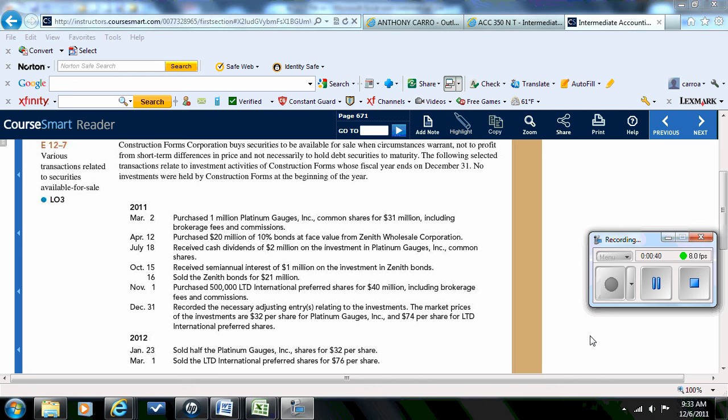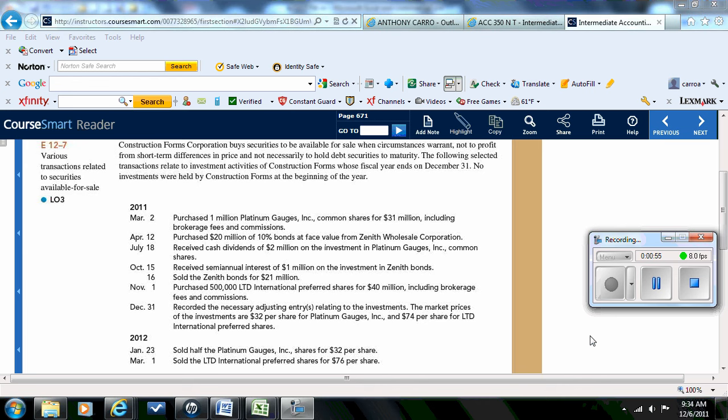In exercise 12-7 on page 671, we have a construction company that has excess cash from time to time. Instead of receiving low rates of interest on a savings account, they've decided to invest this money.